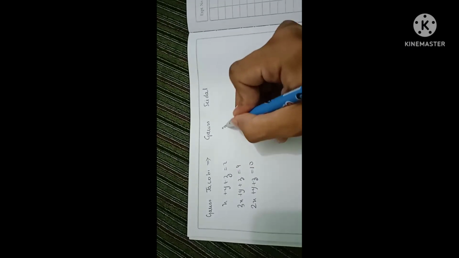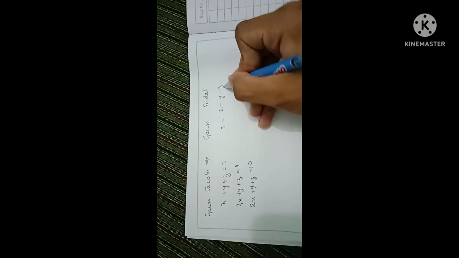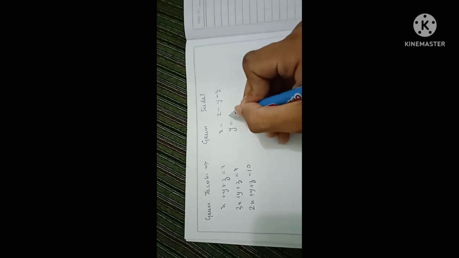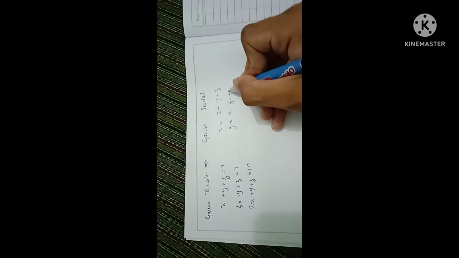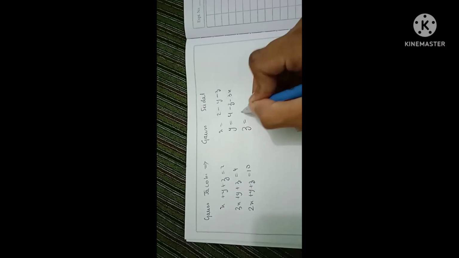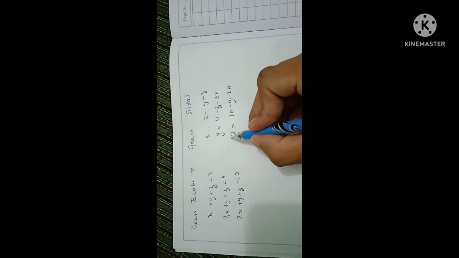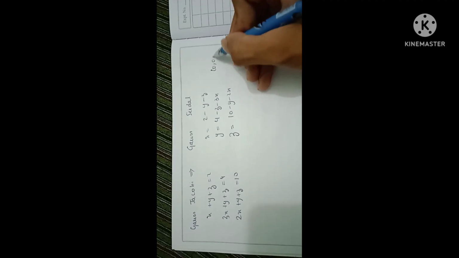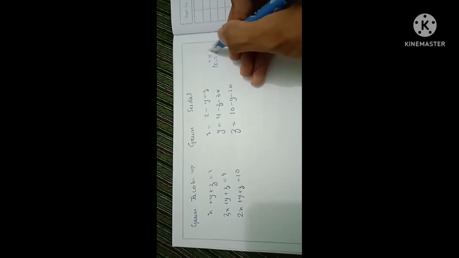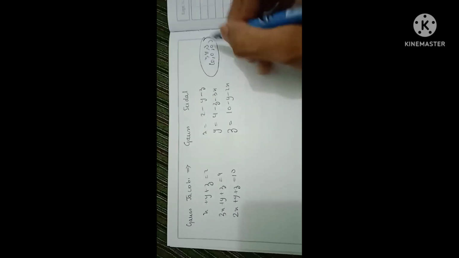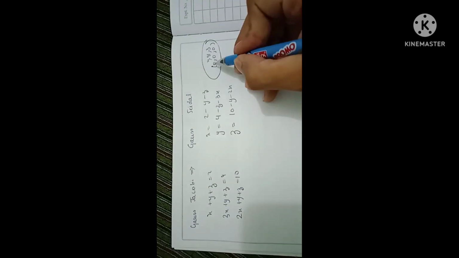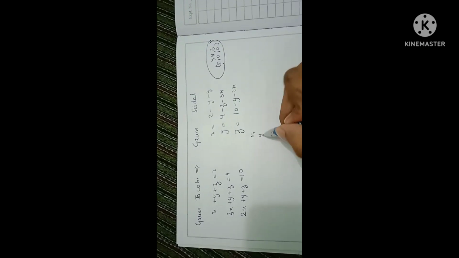We will simply put x is equal to 2 minus y minus z, y is equal to 4 minus z minus 3x, z is equal to 10 minus y minus 2x. Now we put the initial condition 0, 0, 0 for x, y, z, or the given conditions. If not given, we will use this. Remember that if not given, we will use this, and we will obtain the values of x1, y1 and z1.